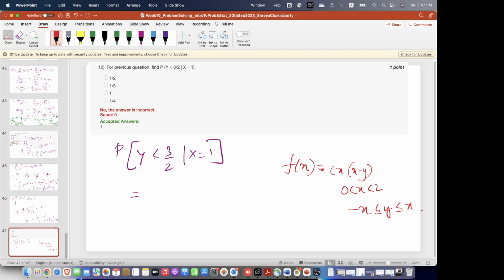So probability y is less than, from minus 1 to 3 by 2, c into 1 minus y dy.